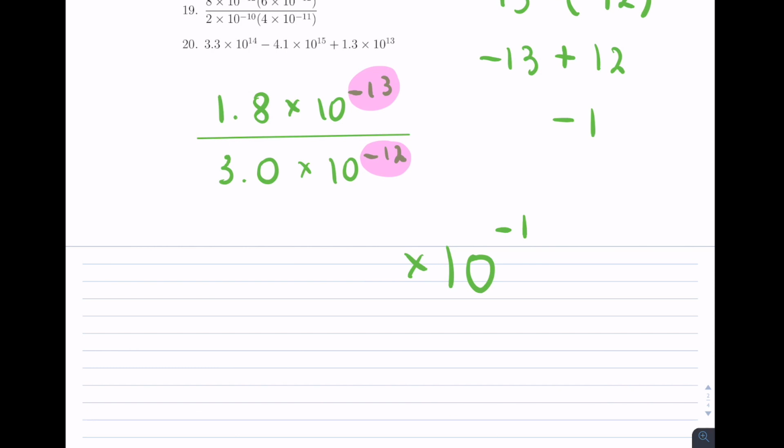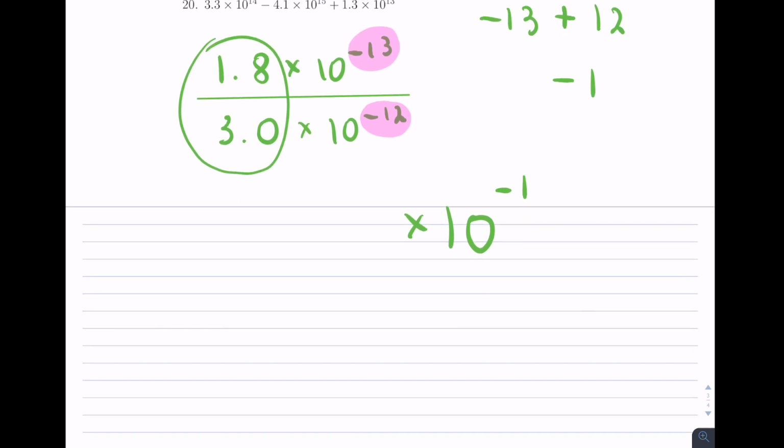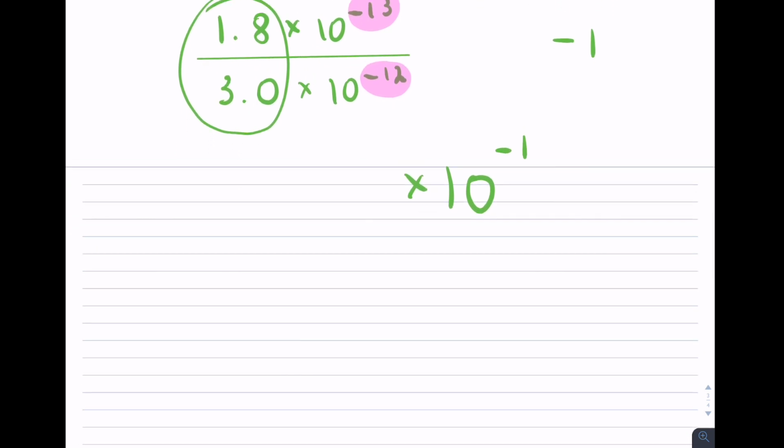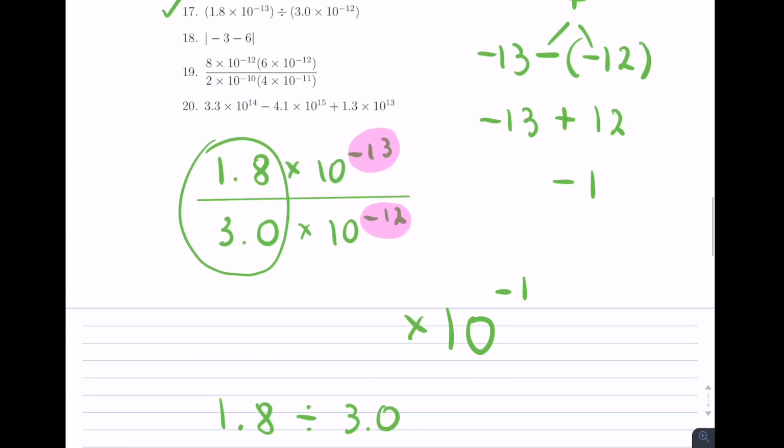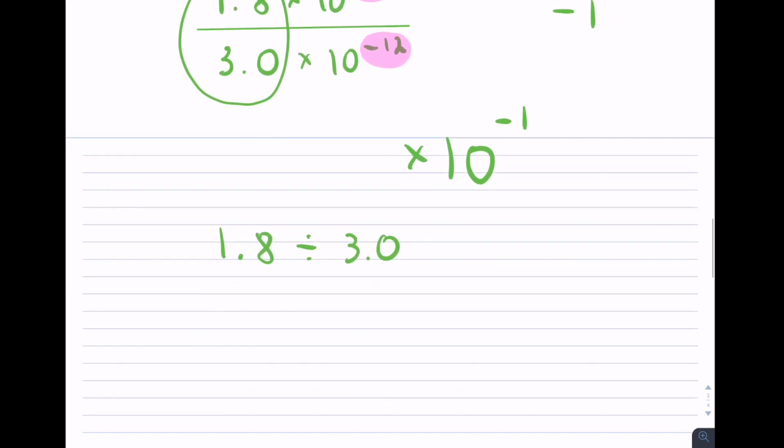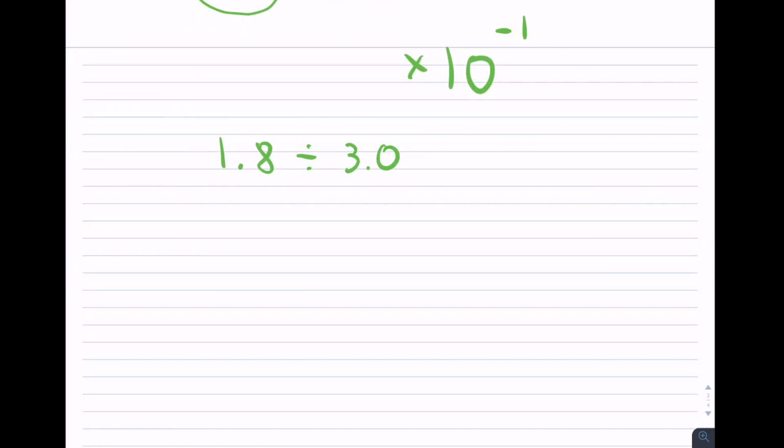Next, I have to take these two and divide. So in division, 1.8 divided by 3.0. Now 3.0 is actually just 3.